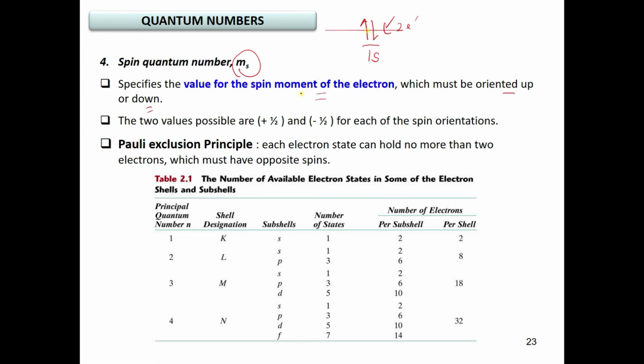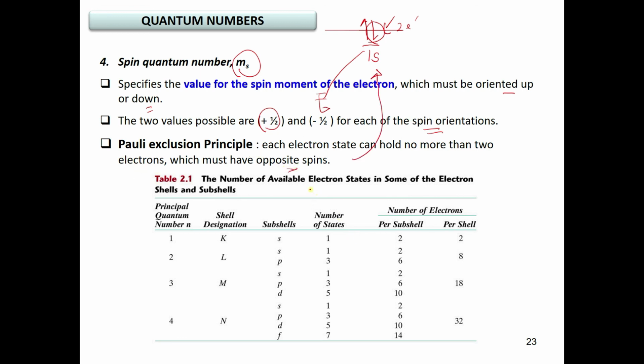The up spin is plus half and the down spin is negative half. This is based on the Pauli exclusion principle: each electron state can hold no more than 2 electrons, which must have opposite spin.